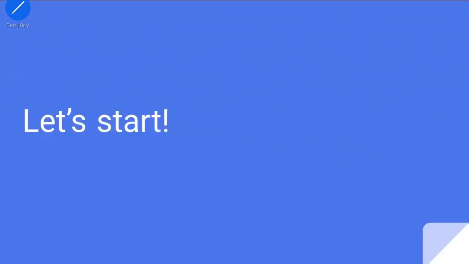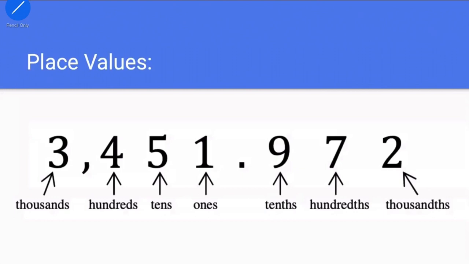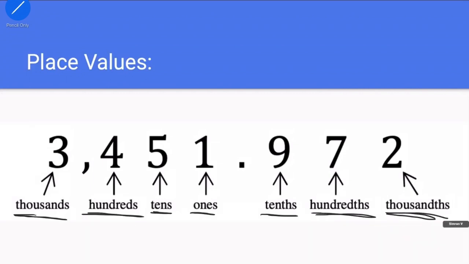Let's get started. First, we're going to go into place values, which are the thousands, hundreds, tens, ones, tenths, hundredths, and thousandths. There's more than that, and it keeps on going, but these are the ones we're going to focus on. The TH makes a difference here because it lets you know that those values are after the decimal point.